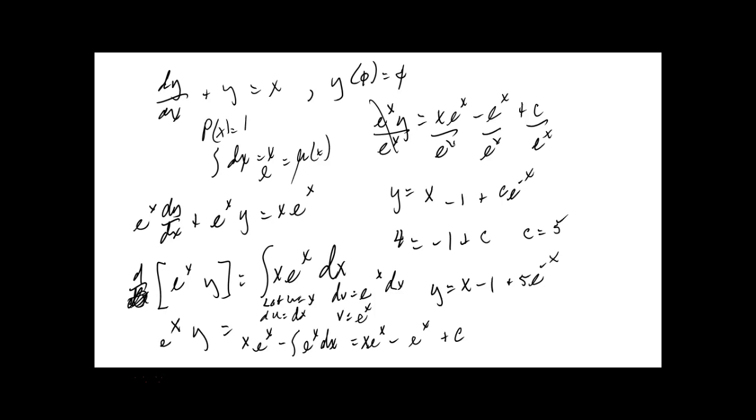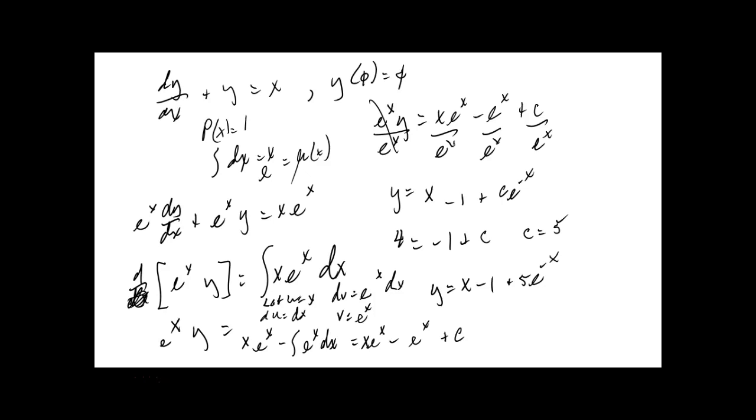So c over e to the x is the same as c times e to the minus x. We move it upstairs. Yeah. I'm making sure. I'm pretty good at making stuff minus, I just didn't know on that one. Okay. Good deal. So that was example 5.